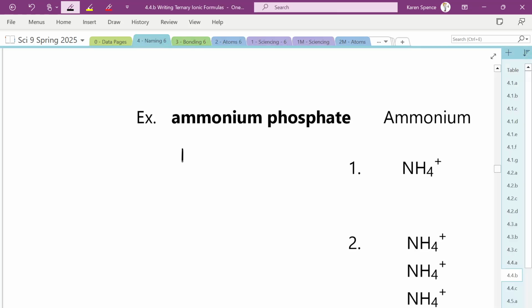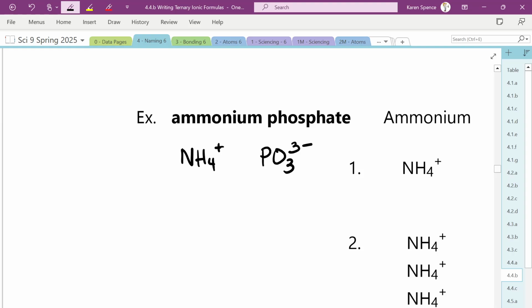So ammonium is NH4 plus, and phosphate, I'm going to write this down and you guys tell me if I'm correct. Is that correct for phosphate? Check on your sheet.